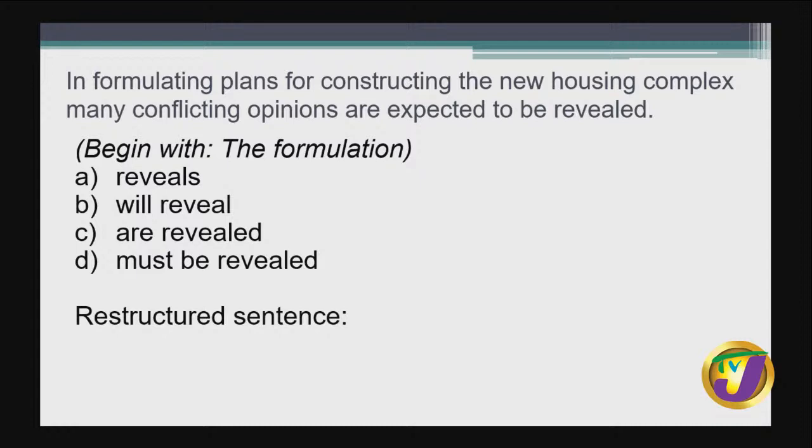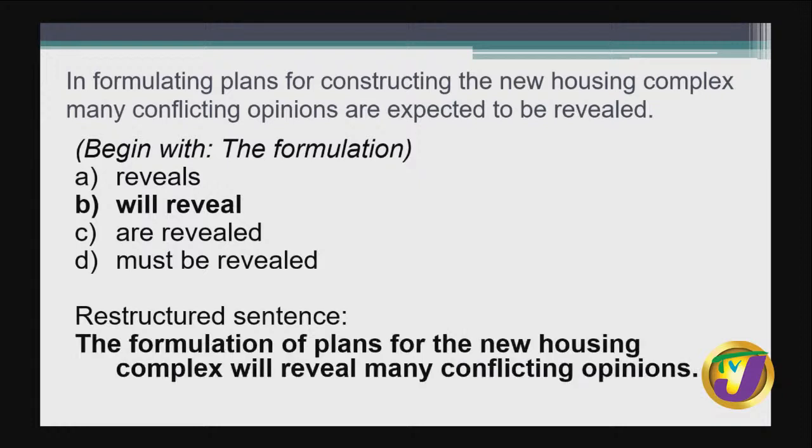"Many conflicting opinions." Remember, it says these are expected to be revealed. So if you expect it, then it will be revealed. So here's the new sentence: "The formulation of plans for the new housing complex will reveal many conflicting opinions." Again, we have the same idea being conveyed as the original.